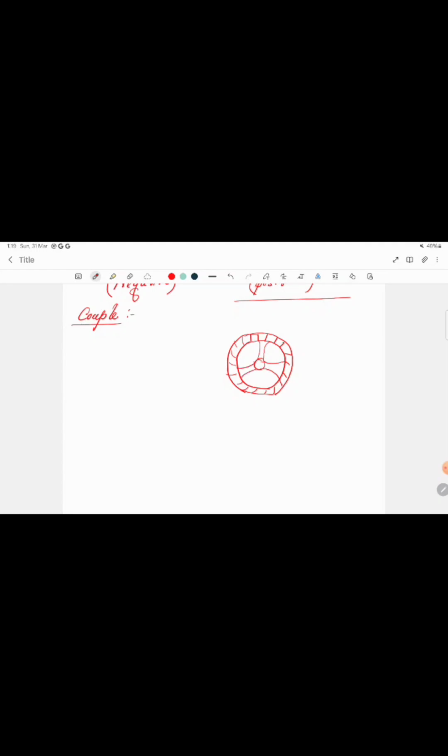If we say this is the steering, what we have to do is hold one hand on this portion, and on this side we hold the other hand, right?